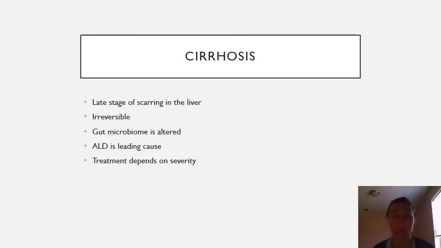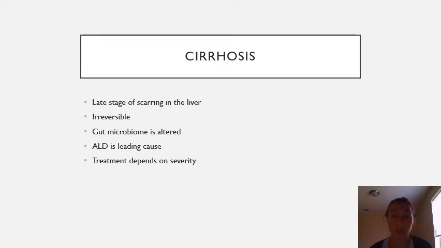Cirrhosis is a late stage of scarring in the liver. So first you have ALD, and then if that's not treated at the appropriate time, then it will lead to cirrhosis. And pretty much what happens is the scar tissue is replacing the healthy cells in the liver, and the scarring can actually block blood flow to and from the liver, which can result in organ failure.